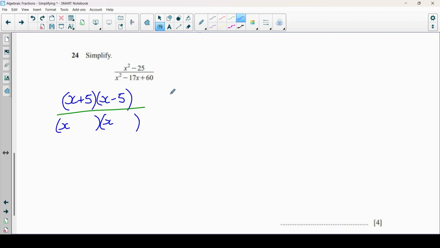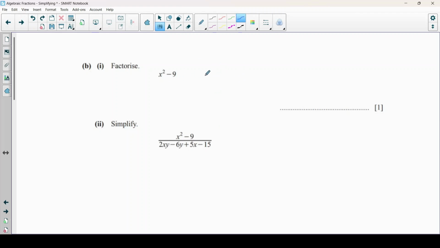So not 15 and 4, 12 and 5. So minus 12, minus 5. Which means we can divide top and bottom by x minus 5, leaving us with x plus 5 over x minus 12. That doesn't feel like a lot for 4 marks, but we haven't missed anything.